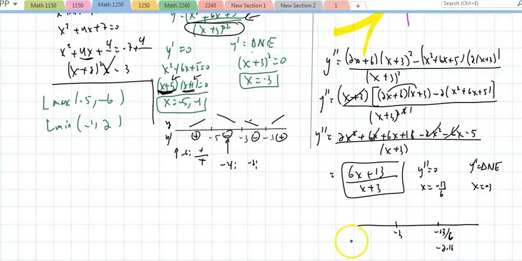Okay, so this is y double prime and this is y. If I pick a point to the left of negative 3, let's say negative 4, negative 24 plus 13 is negative, negative 3 minus 4 is negative, that will be a positive. And if I take a point between negative 3 and negative 2, how about negative 2.5? Again, I have a calculator.